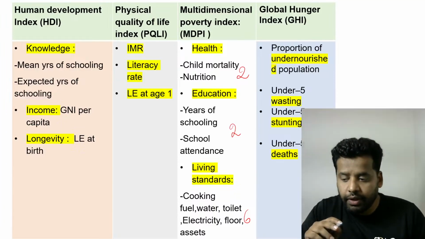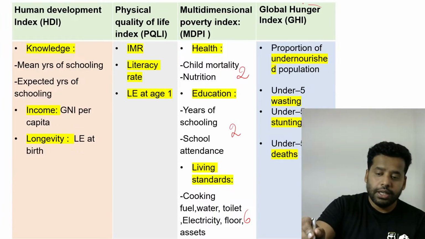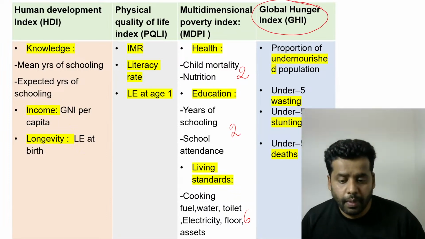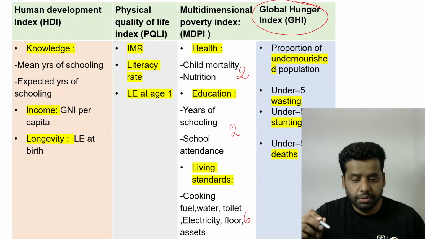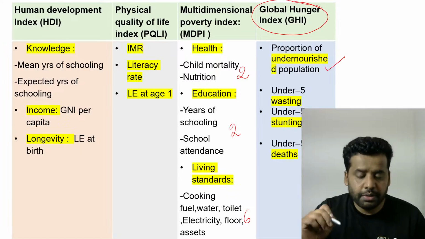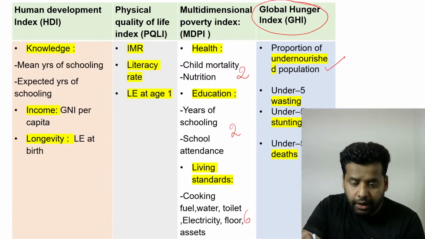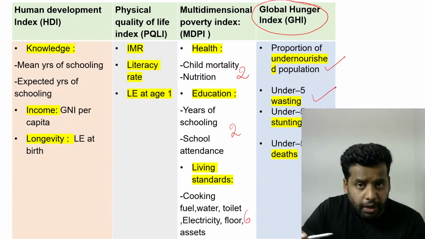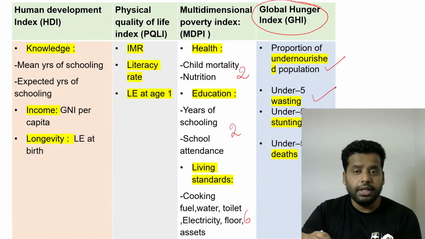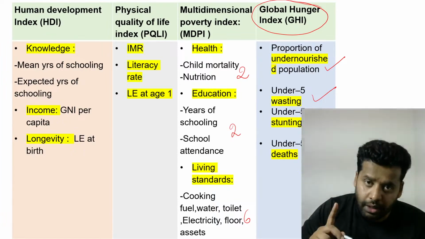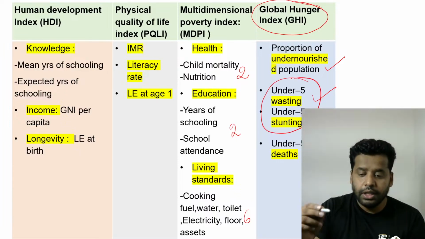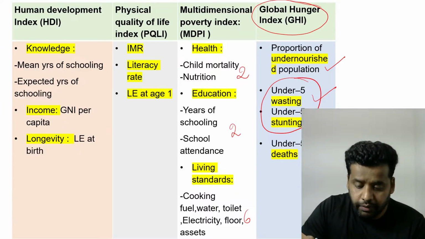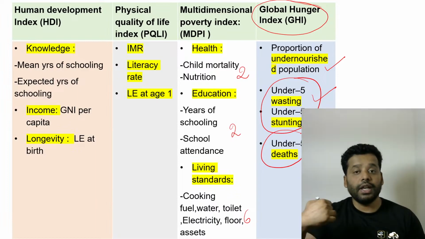Nutrition chapter, very, very important, is Global Hunger Index. Global Hunger Index considers what? Proportion of undernourished population, under 5 wasting indicating acute malnutrition, and under 5 stunting indicating chronic malnutrition. One is for acute and the other is for chronic. Then we count under 5 deaths. So everything within under 5.